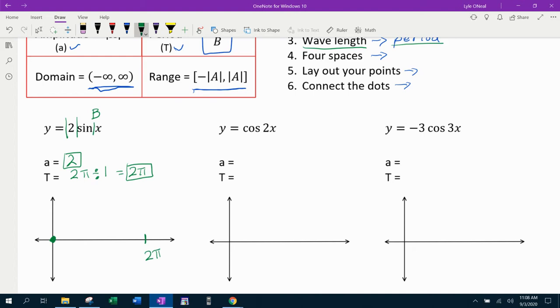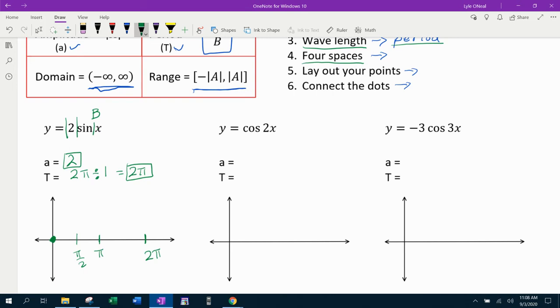Now, step number 4, I need 4 spaces, okay? I've got one big space, so I'm going to cut that in half. And if you want to label that, what is half of 2 pi? Pi. And then I'm going to cut that in half again. And so if I cut that in half, that would be pi over 2. Does that make sense?